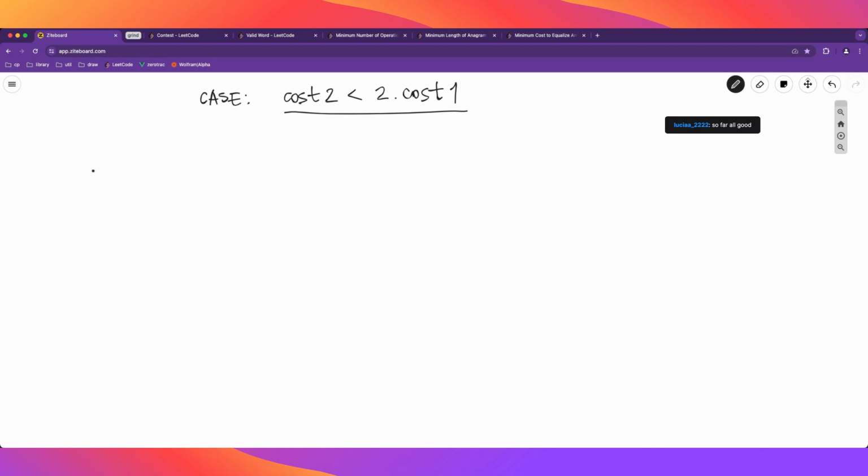So notice that we don't know what the target is. When we did only the cost 1 operation, then it was obvious that we wanted to take them all to the maximum, because there was no benefit to make them all larger than that.